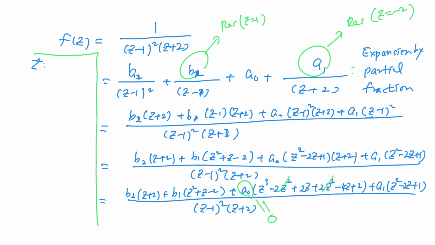A1 plus B1 is 0, so that means A1 is minus B1. How about the z term? So we have B2, B1, and A1, right?